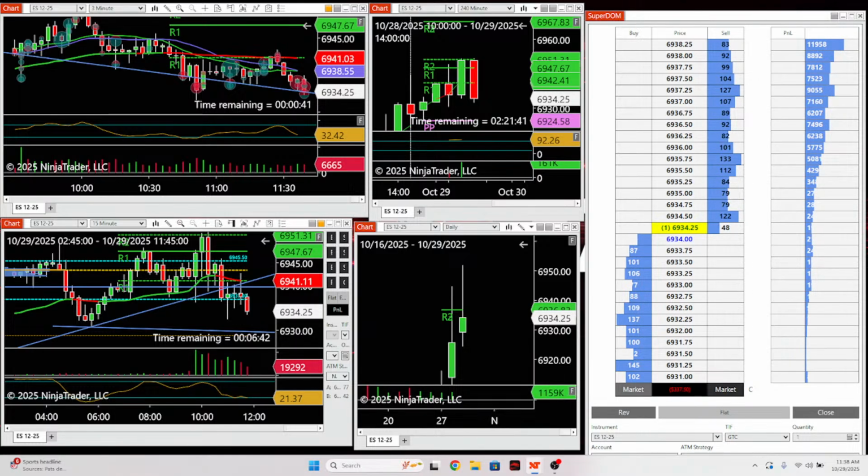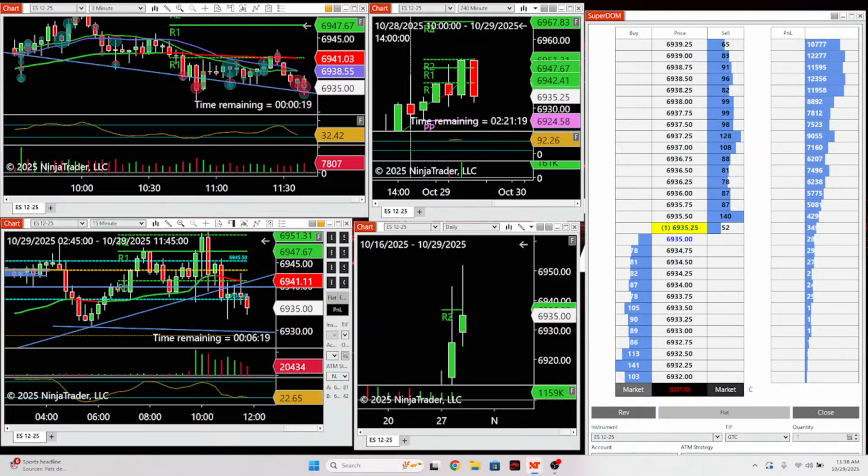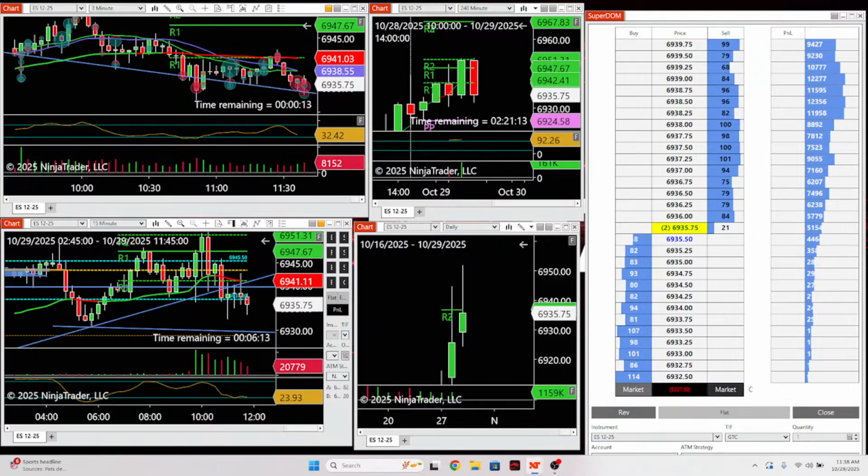So if it breaks 30, we could probably close the gap at 29. Bounced off of 33 yesterday. Support level. Bounced about 10 points off of 33 yesterday.